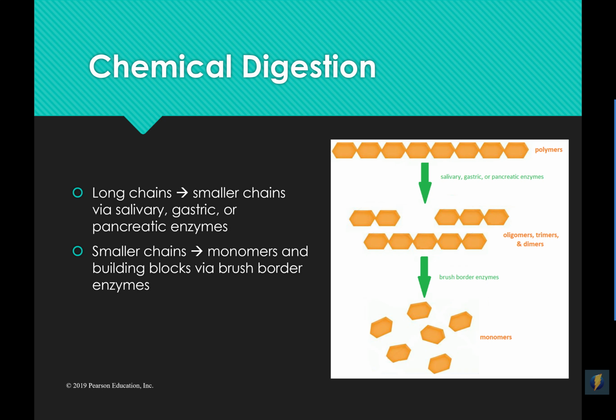The enzymes that do that are typically the salivary enzymes, the gastric enzymes, or the pancreatic enzymes. And then we use the brush border enzymes to break those smaller chains or trimers and dimers into the individual monomer building blocks for our carbs, proteins, nucleic acids, and fats.